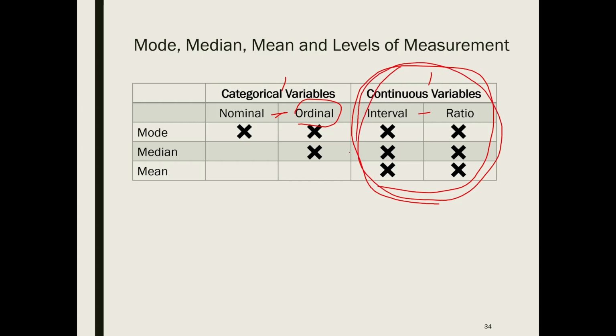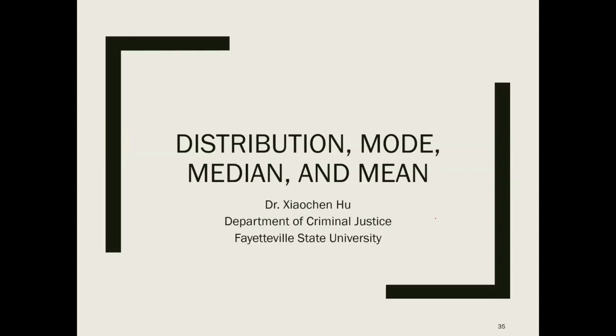Later, when you decide which one to use to describe central tendency: if it's a continuous variable, you can basically use all three. If it's an ordinal variable, you can use the mode and the median. But if it's only a nominal variable, then you probably only use the mode to describe the distribution. That's it.